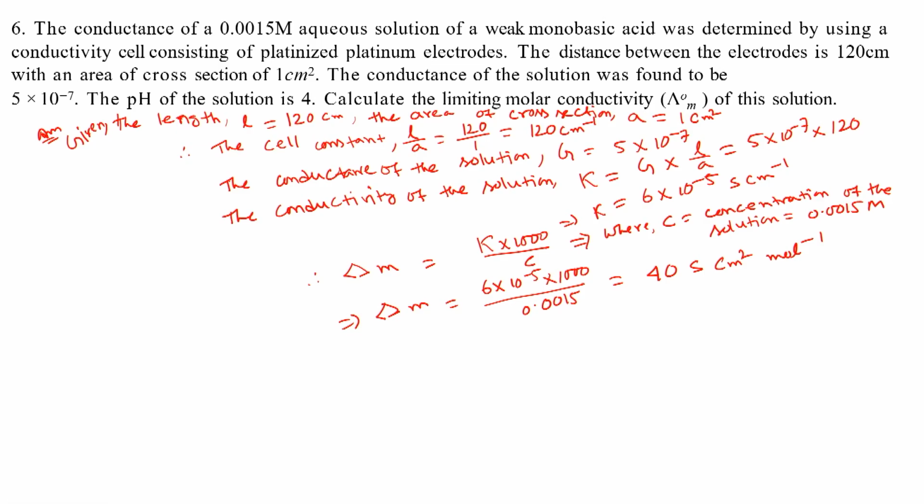Achha. So another thing that is given is pH. So if the pH is given, we can calculate the concentration of H plus. So again, the pH of the solution is 4.